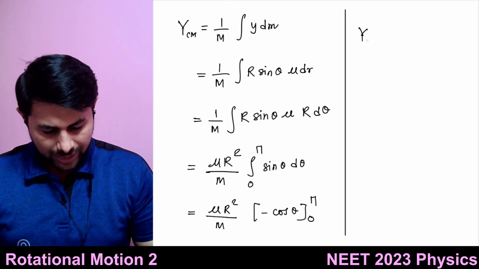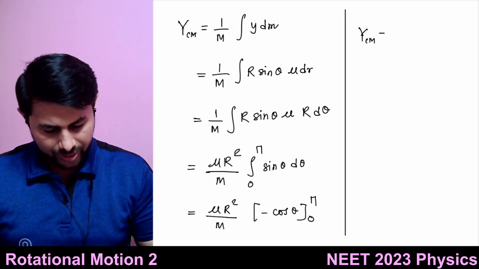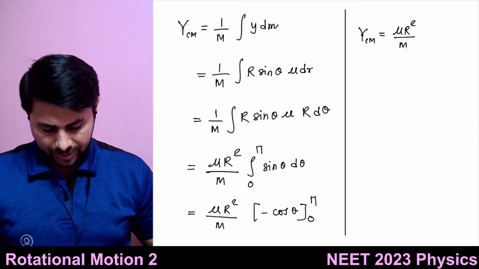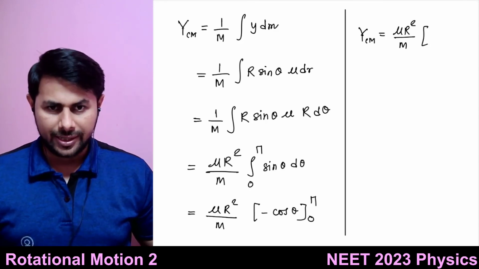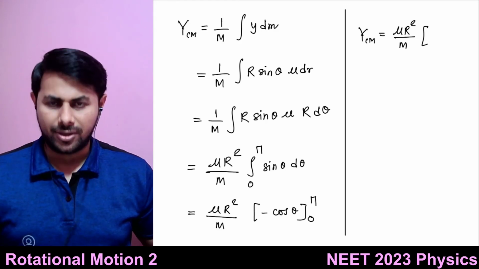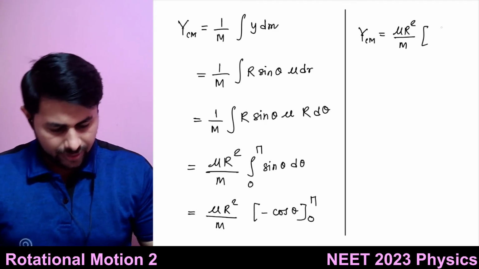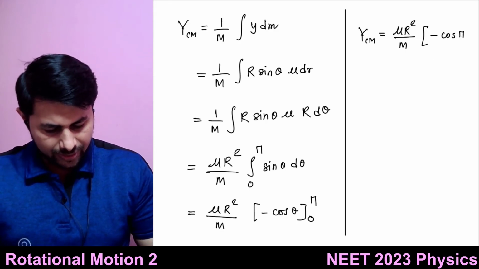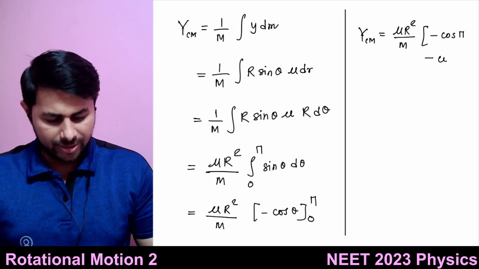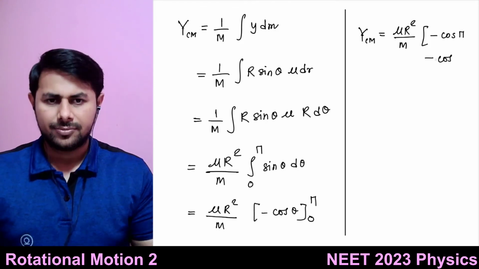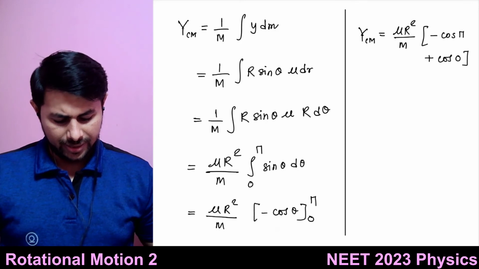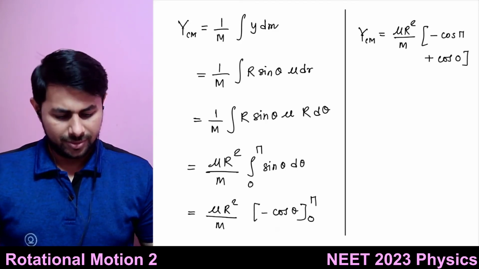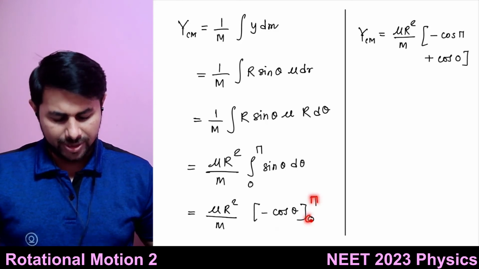So the y coordinate of the center of mass will be mu r square divided by m multiplied by minus cos theta, substituting the upper limit pi and the lower limit 0.